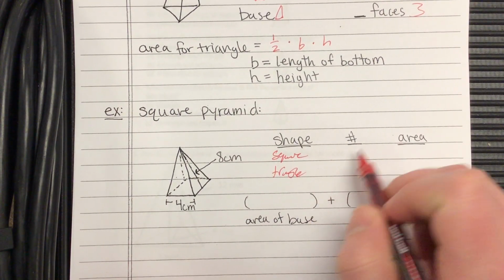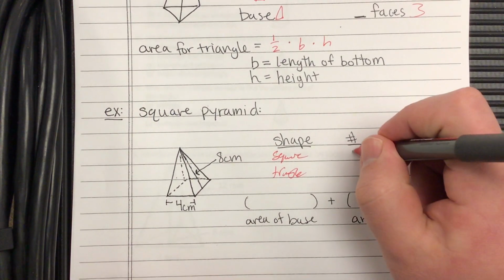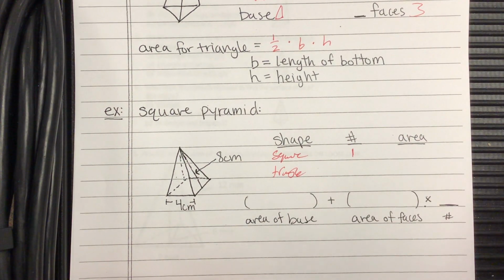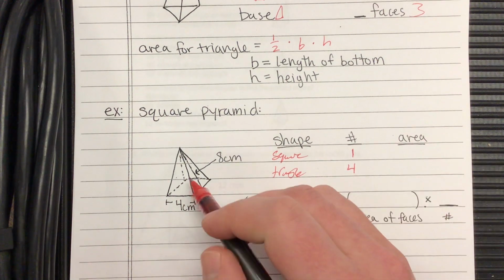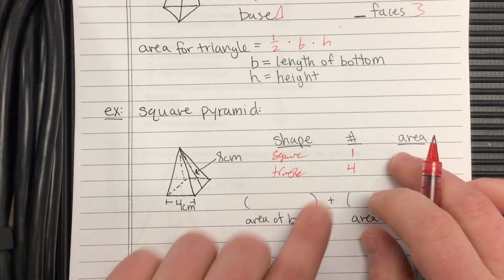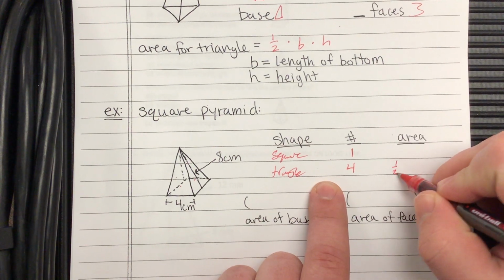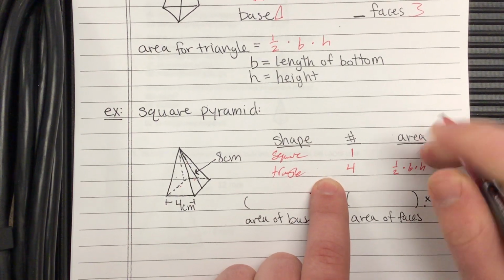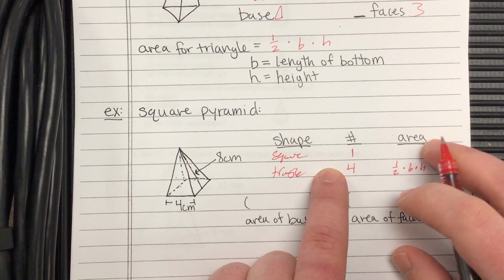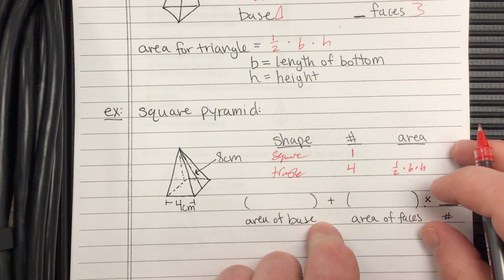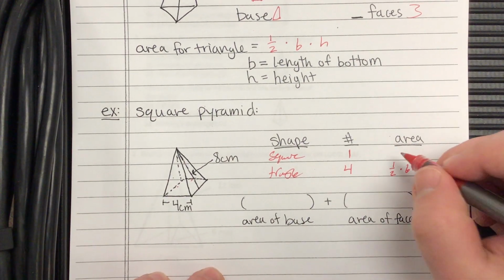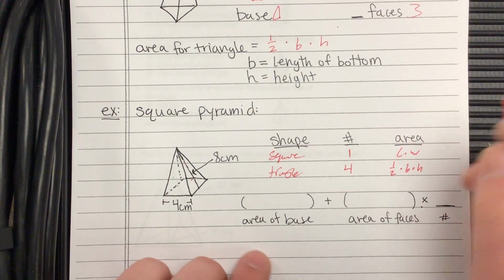All right, how many squares do we have? Just the one on our base. And how many triangles do we have? 4. All right, one on each side. So now, we already said the area of a triangle is 1/2 times base times height. What's the area of a square? How do we find the area of a square? Length times width for that one.